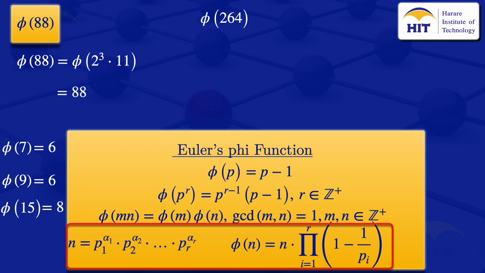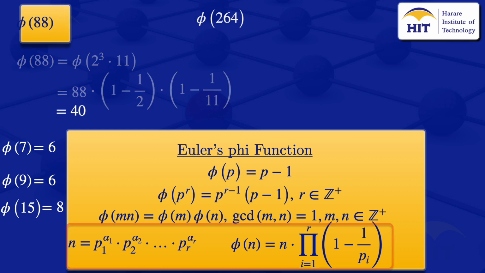Our r, the number of distinct primes, is 2, so we'll just have two factors: 1 minus 1 divided by the first prime multiplied by 1 minus 1 divided by the second prime number. When you simplify that, it gives us 40. So we have phi of 88 is 40.